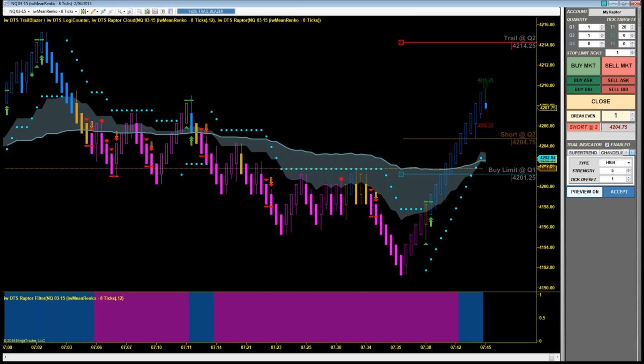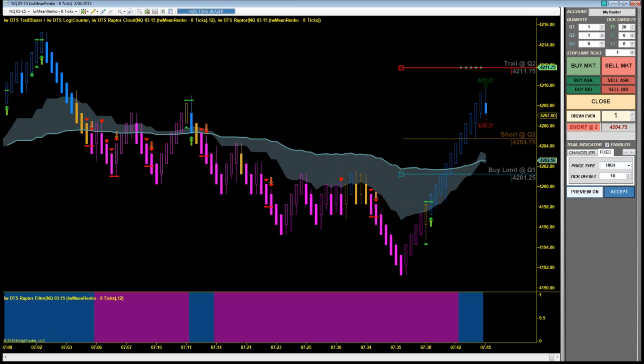And we also have a whole assortment of stop strategies to choose from here also. So let's see. And we can preview our stop strategies also. No, that's not going to work. I'm going to have to go with a fixed tick. So I'm going to go 10 ticks off of the high.